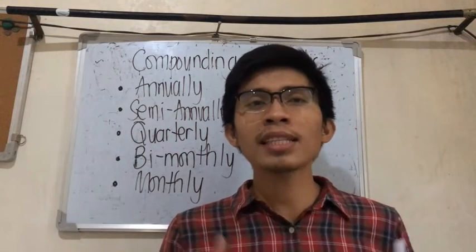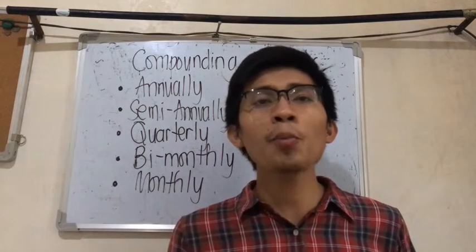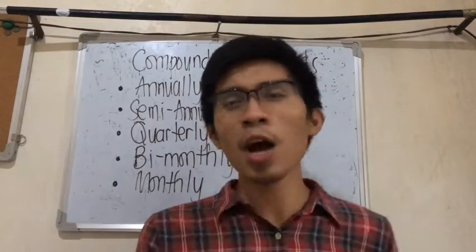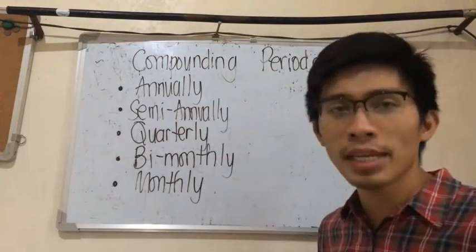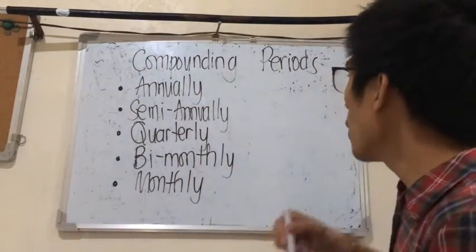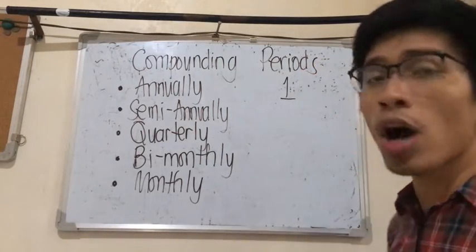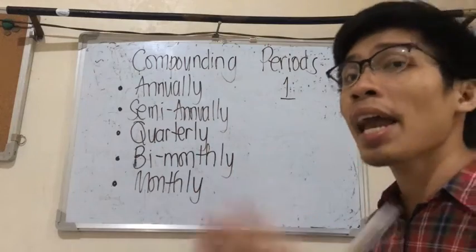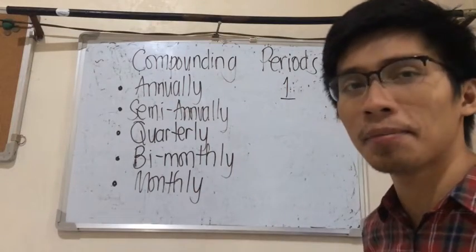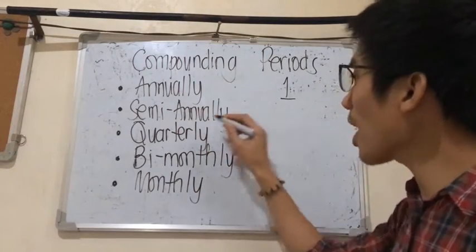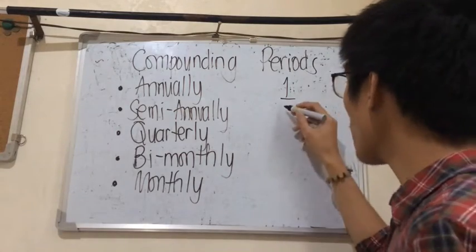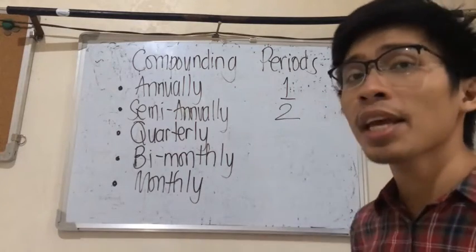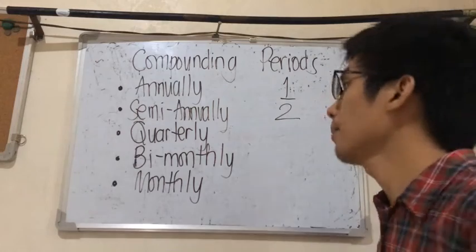This time, let's convert the following into numerical values. If you encounter annually, meaning your money will increase once a year, that is equivalent to 1. When you encounter semi-annually, it talks about 2, meaning it increased twice a year.